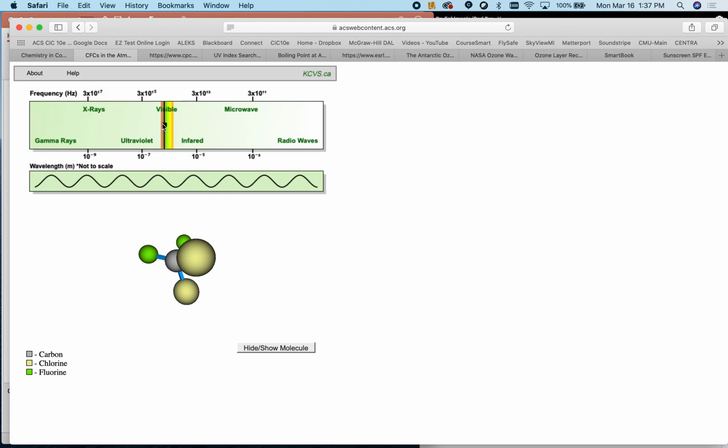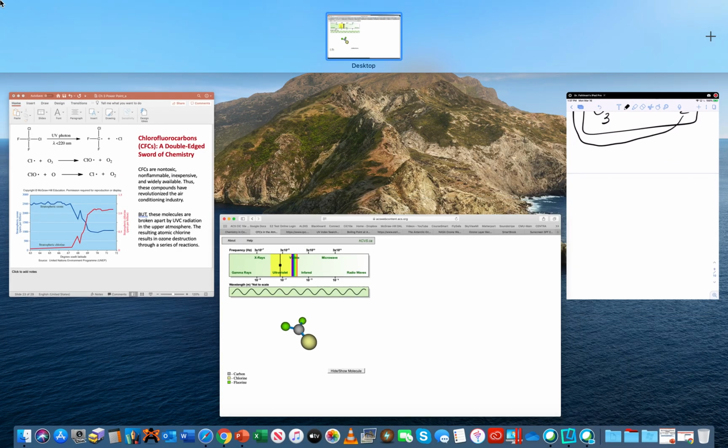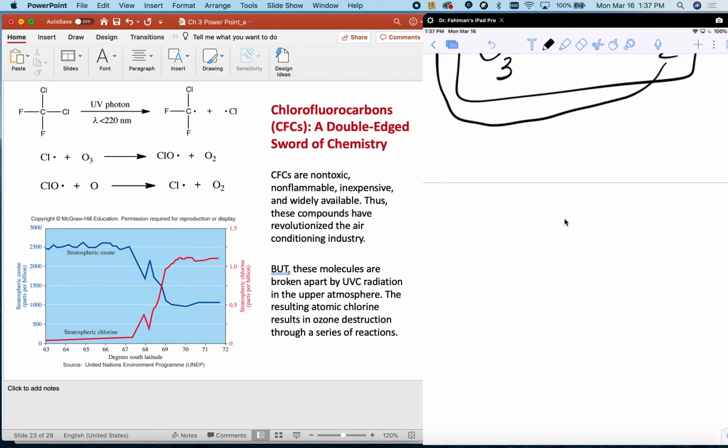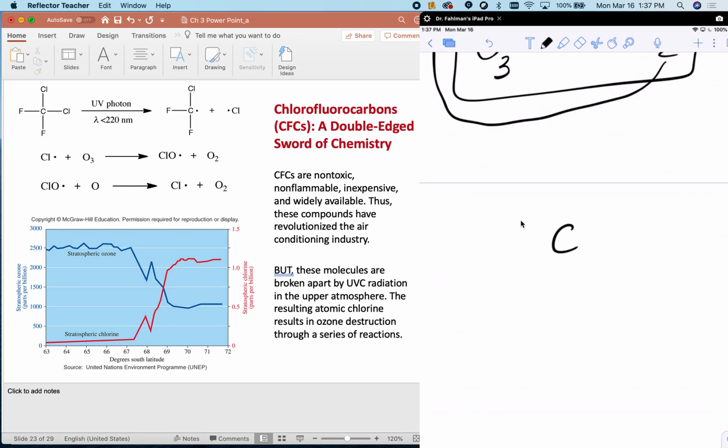In the UV, though, this is where you break apart a chlorine atom. It's maybe not so obvious right now why, if you have this molecule, it is that bond that breaks.